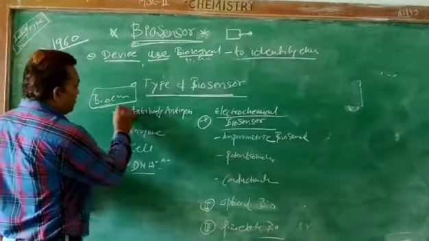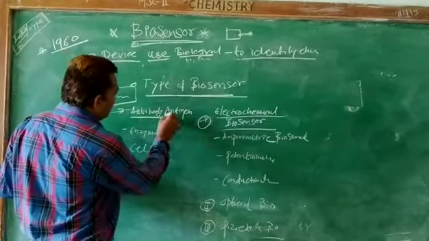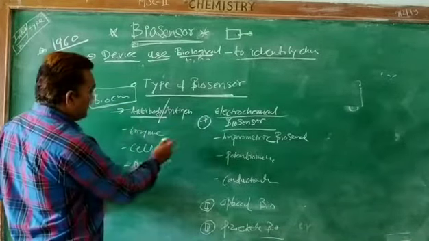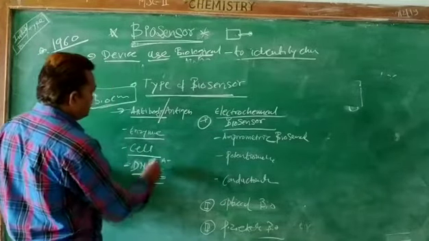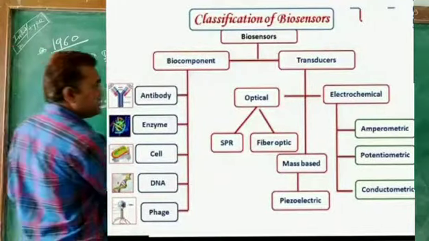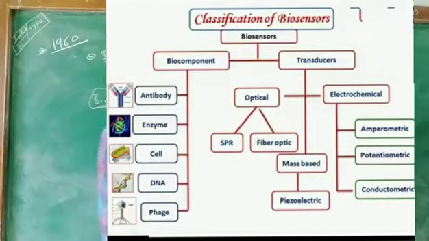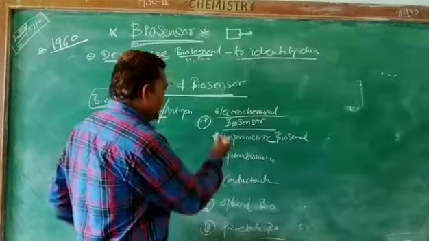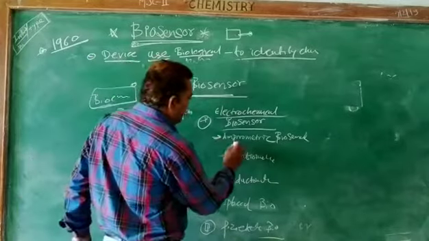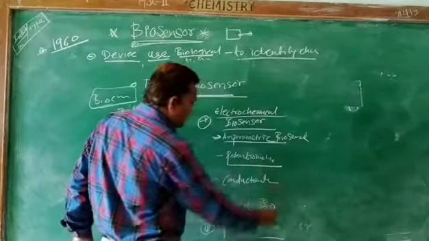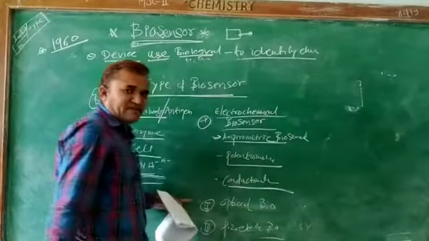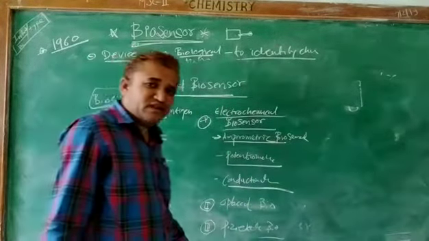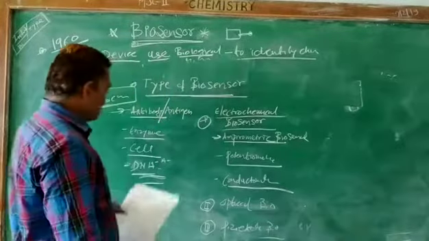On biological components: antigen-antibody attached, enzyme attached, cell attached, and DNA attached. And second, electrochemical biosensors, classified into amperometric, potentiometric, conductometric, optical, and piezoelectric biosensors.